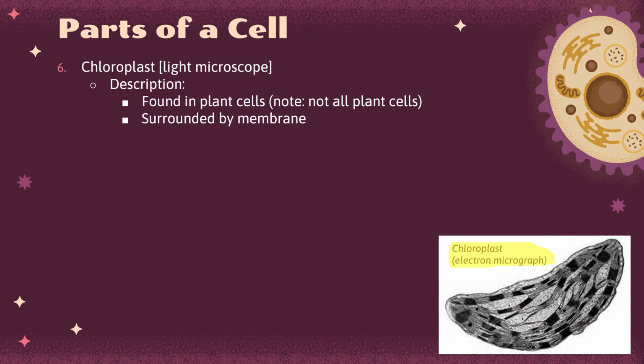The chloroplast is also membrane bound. It is surrounded by a membrane. And of course, the chloroplast will contain this green pigment known as chlorophyll, which I believe you are familiar with. Chlorophyll is the pigment that gives plants the green color.